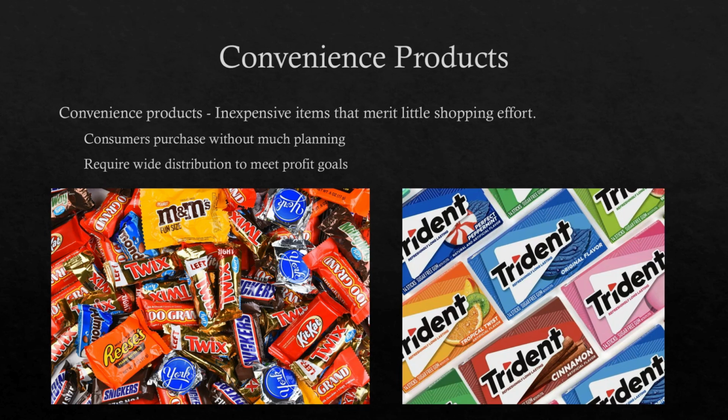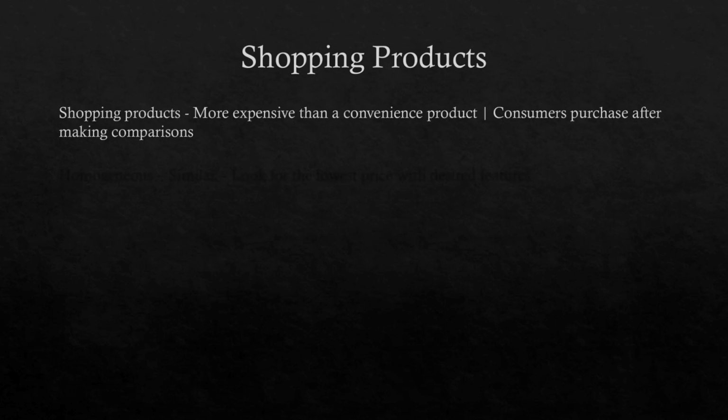The second type of consumer product is a shopping product. A shopping product is usually more expensive than a convenience product and is found in fewer stores. Consumers usually buy shopping products only after comparing several brands or stores on style, practicality, price, maybe lifestyle compatibility, etc. There are 2 types of shopping products.